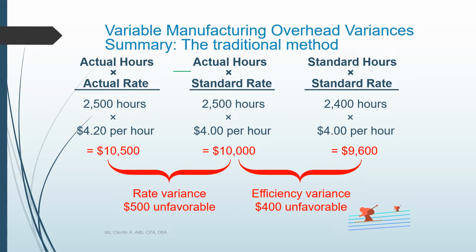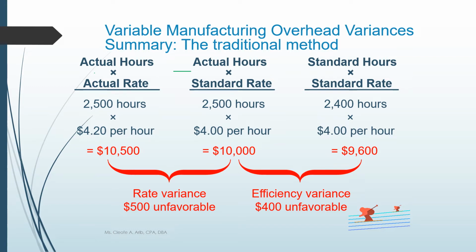2,500. The actual rate is 4.20. How was 4.20 computed? It was given earlier that the amount spent for your variable manufacturing overhead is 10.5. So 10.5, how many hours is that? 2.5. So the actual rate must be 4.2.